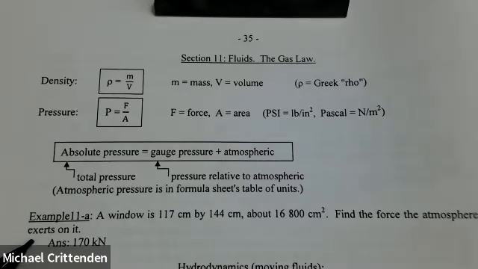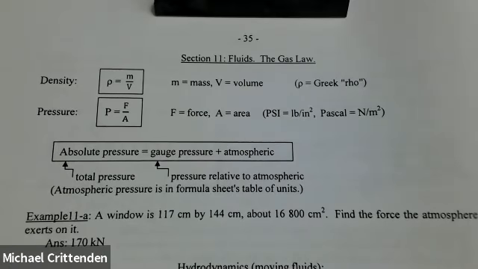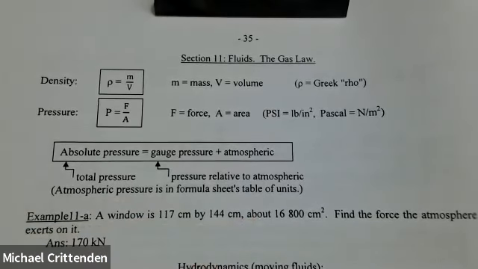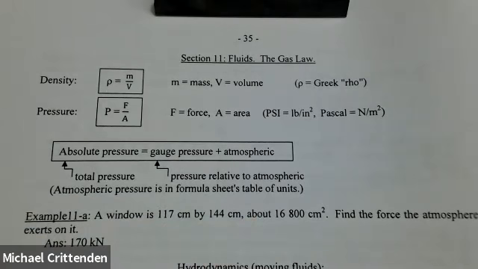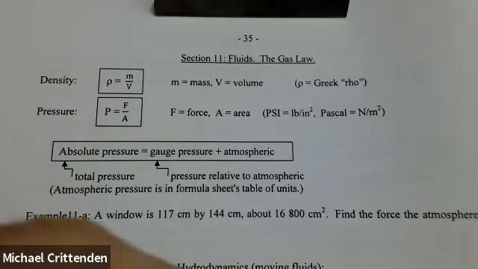Okay, so I'm going to run through an example that illustrates the idea of pressure, and then we'll talk a little about hydrodynamics. So I think this actually was the dimensions of one of the windows in my office, and we're assuming standard atmospheric pressure, even though it's not quite realistic for here.